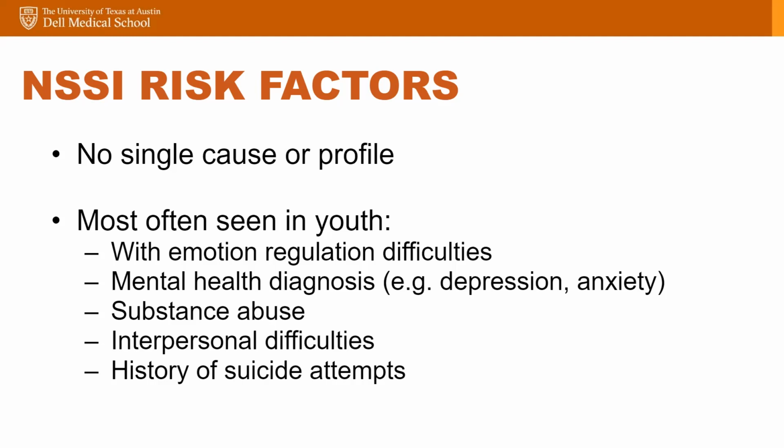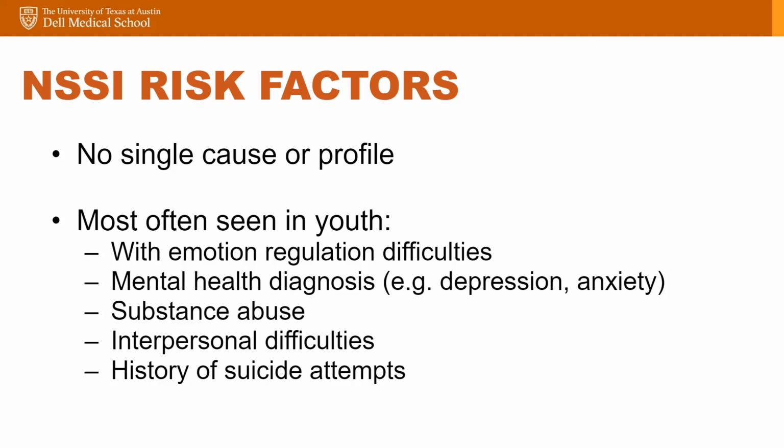Another common finding that's seen to be a risk factor for self-injury are interpersonal difficulties. So youth who self-injure tend to report having more difficulties with coping with interpersonal problems, more difficulties with communicating effectively and problem solving effectively.